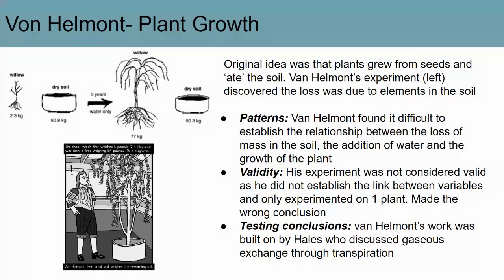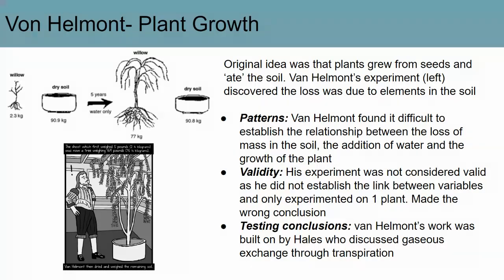We then have von Helmont and his work on plant growth. So the original idea was that plants grew from seeds and ate the soil. So eventually, over time, the soil would have lost mass, but in fact, the loss was due to the elements in the soil.